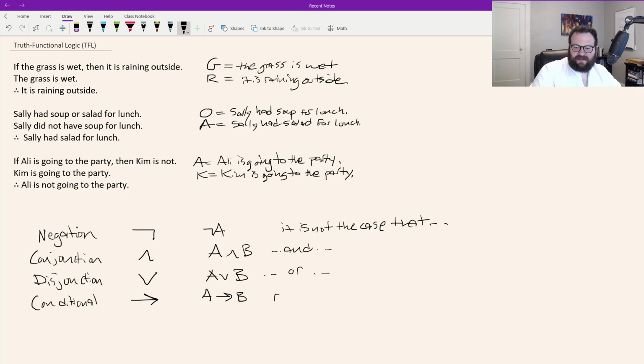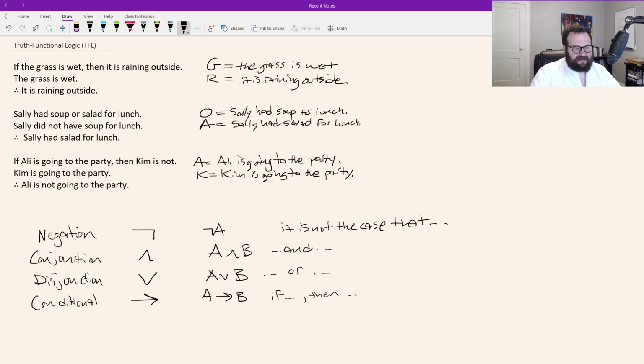Conditional reads if, then. Now, how a conditional ends up working out in terms of truth values, we're going to have to wait until the next video. It gets a bit more complicated than negation, conjunction, and disjunction.